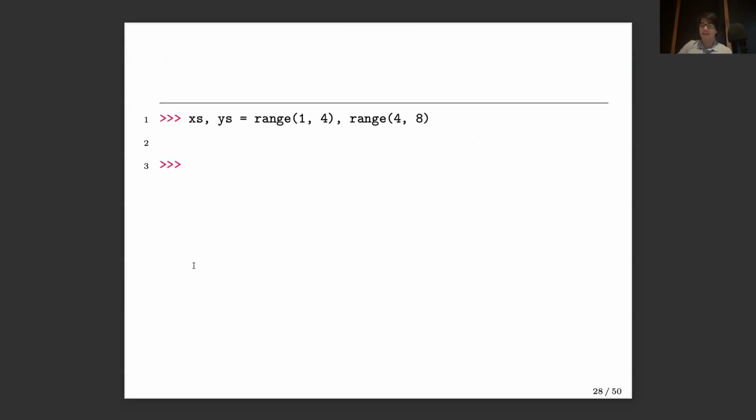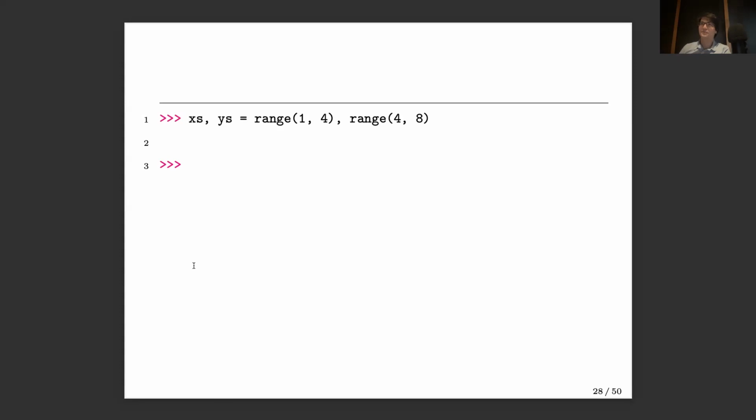Okay, so again, all of these higher order functions I'm showing you have been defined to work over iterators, right? Range is an iterator. Have you ever tried to look at range in Python and it just says I'm a range? That's why, right? Because the range is iterating. It doesn't want to display itself because that would force an evaluation. Okay, so I'm giving two iterators. I have x's and y's. The first iterator is going to be what numbers?